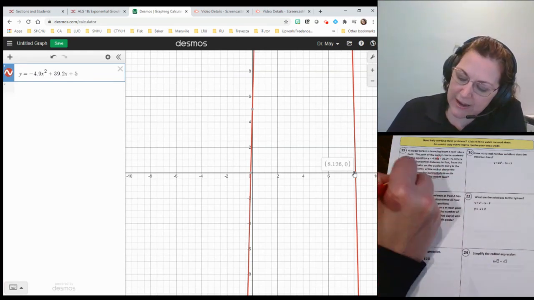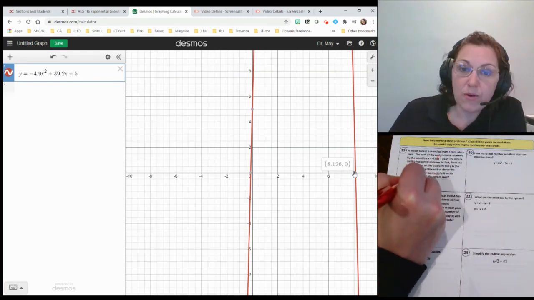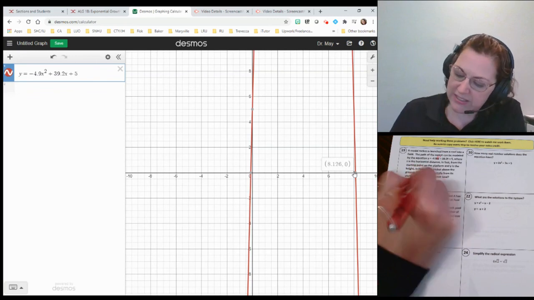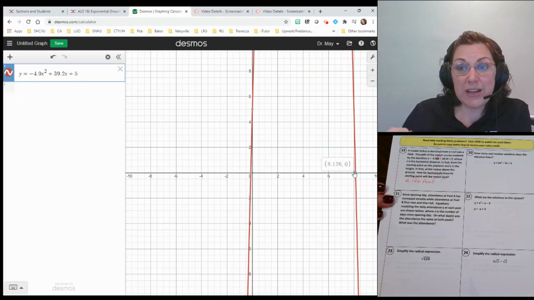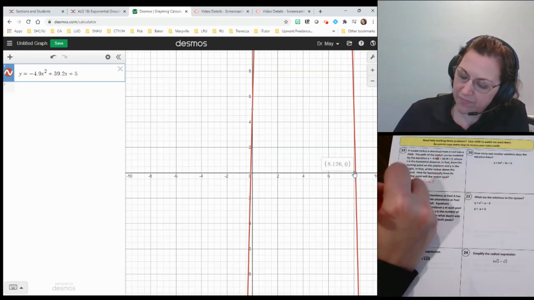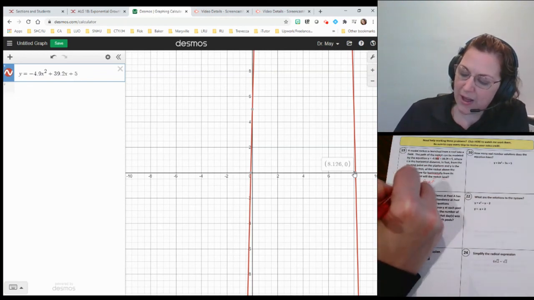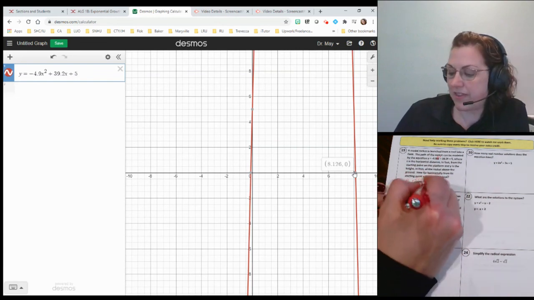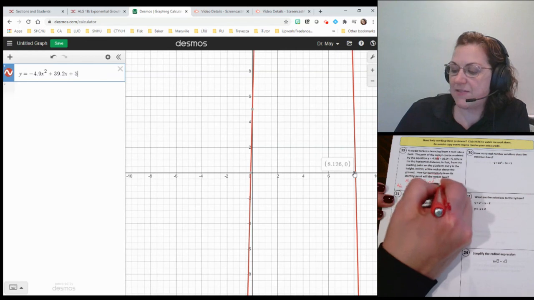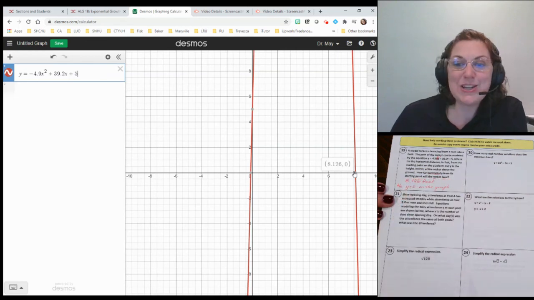And so we're going to get 8.126 feet. And so that we know you showed your work, because y equals 0 on the graph. If you'll make sure to include that statement, you're going to be just fine for this problem having work for it.